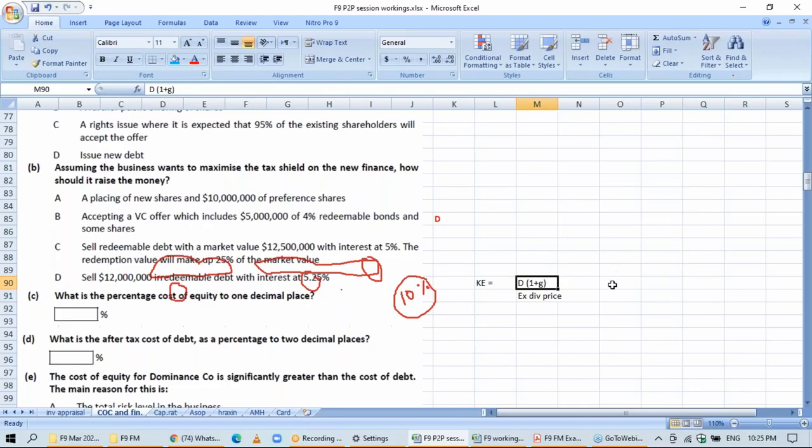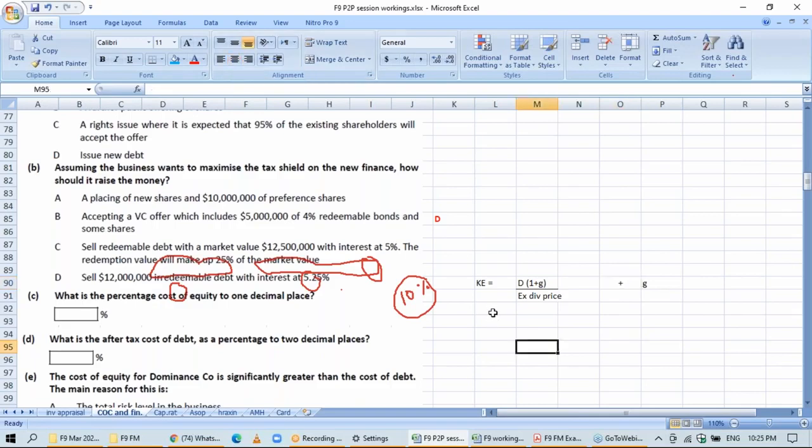To this fraction we add the growth rate, which is 10%. Please remember this formula.